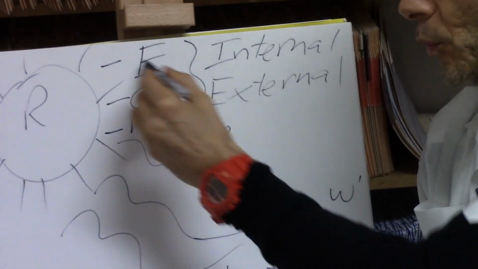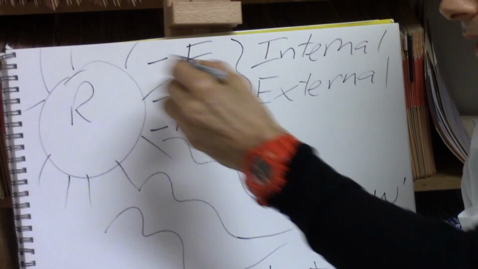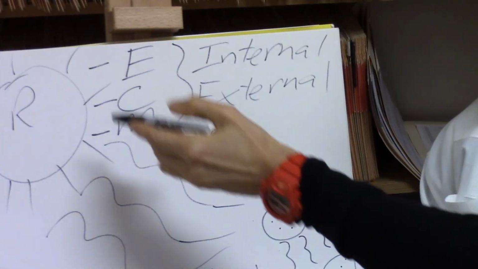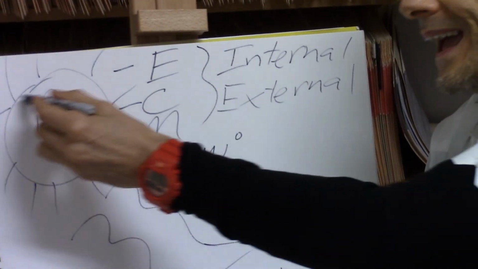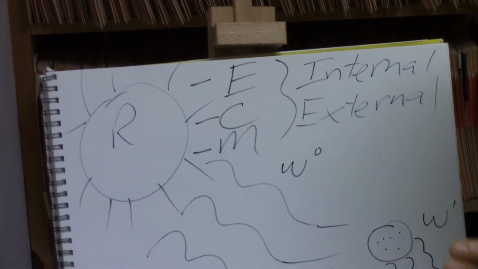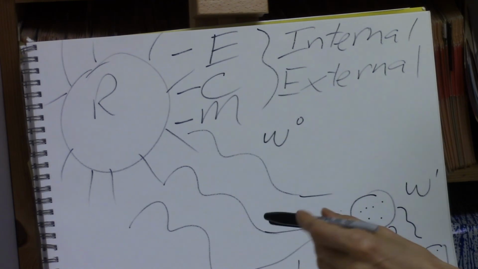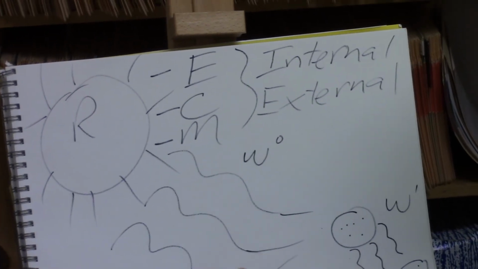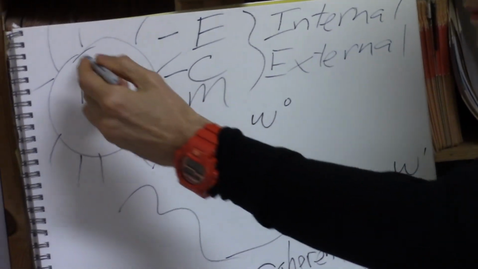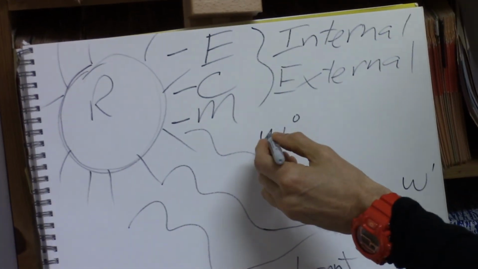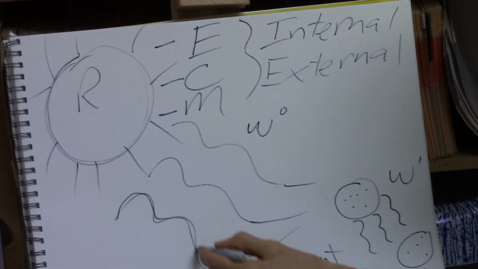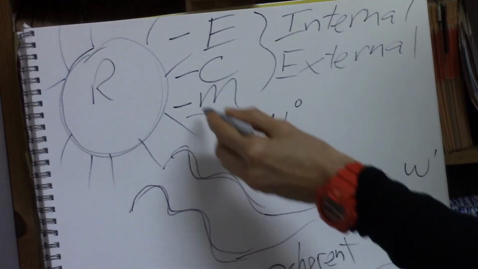When the resonator is exposed to any of these initiators, environmental, chemical, mechanical, it will produce an energy wave in a particular waveform, which is what these squiggly lines represent. We'll call the energy coming from the resonator W0. This is in its natural resonating waveform.